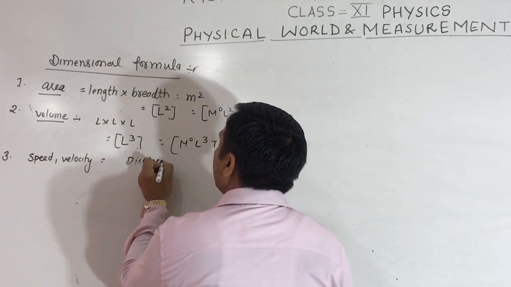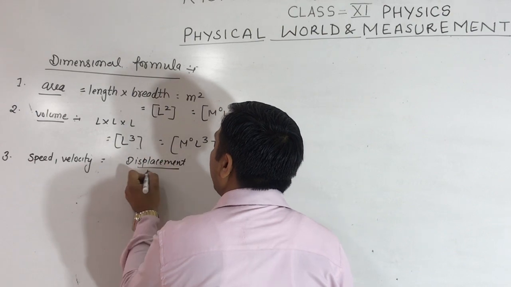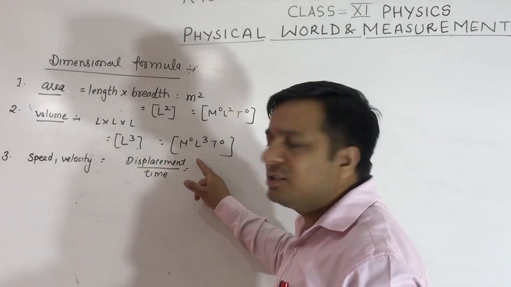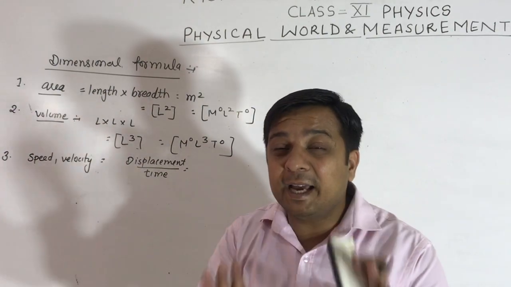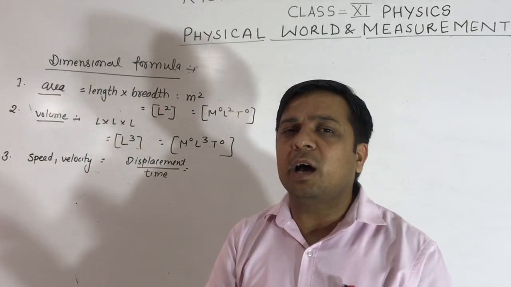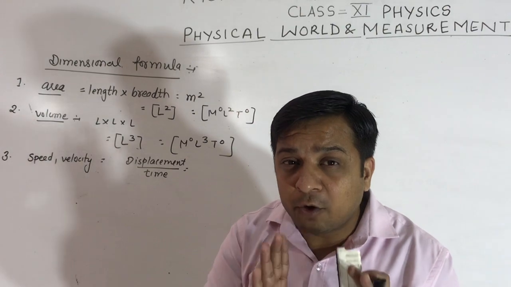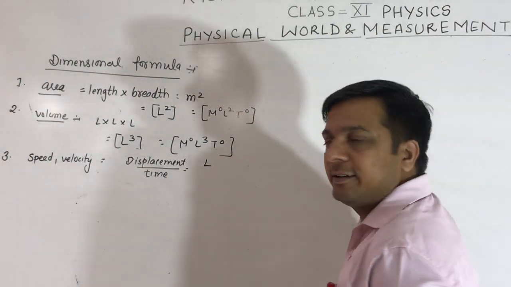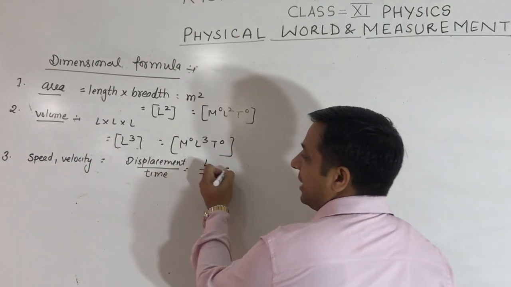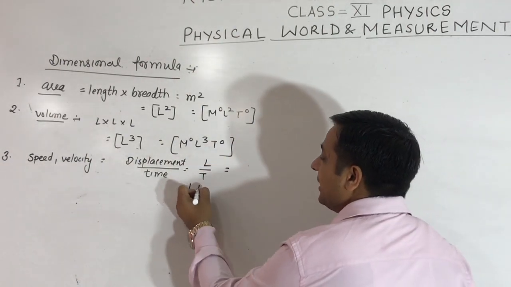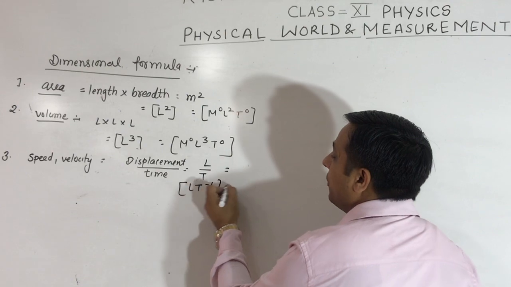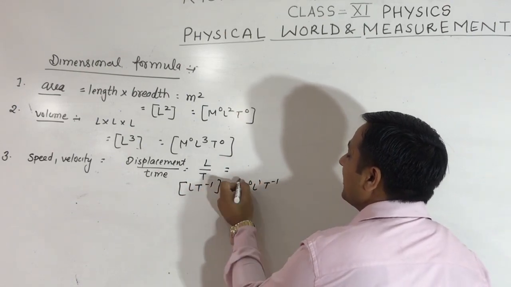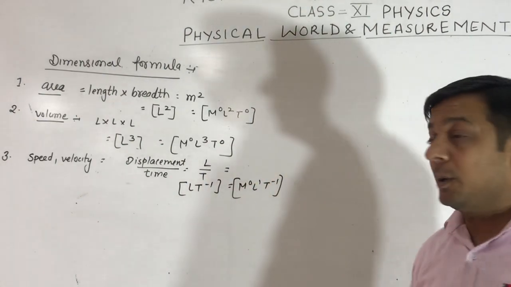There is no need to write distance or displacement separately, because both have the same dimensional formula. Dimension does not depend on vector quantity. Displacement L, time T. So dear students, the formula is LT minus 1, and the full form you can write M0 L1 T minus 1. This is the dimensional formula for velocity.